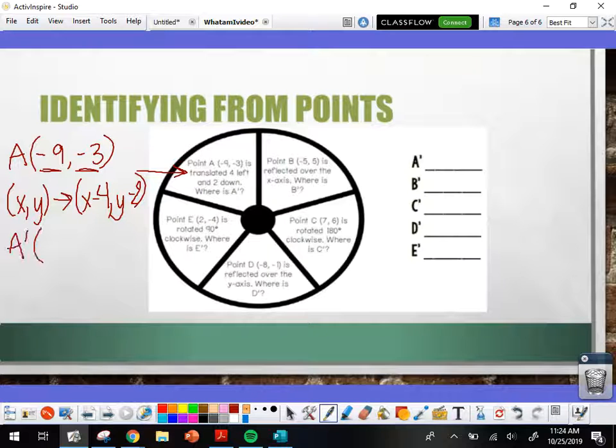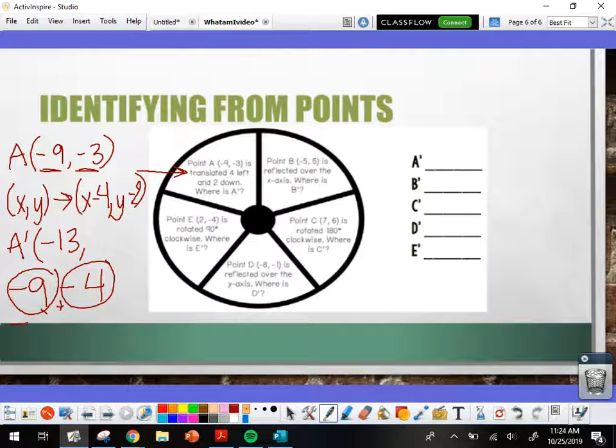So for A prime, I'm going to go -9 and subtract 4. Remember, that's like saying I have a -9 and a -4, and I'm combining those two things together. -9 minus 4, which again you can use a calculator, is -13.